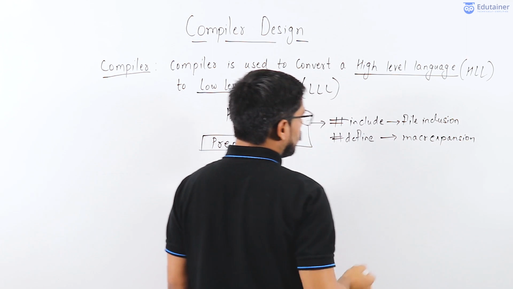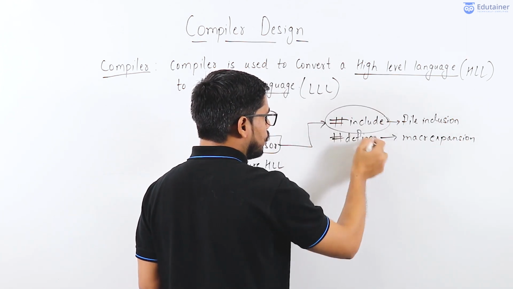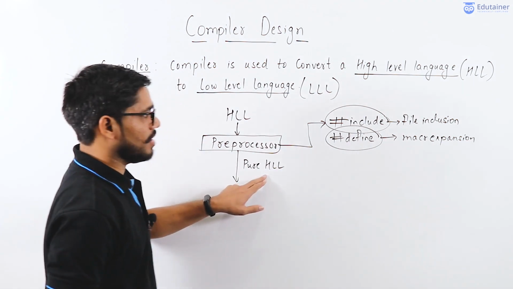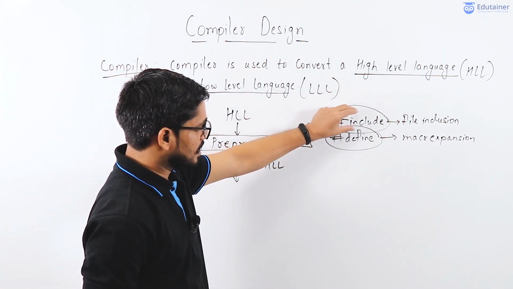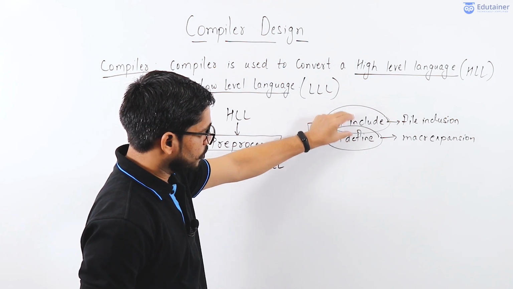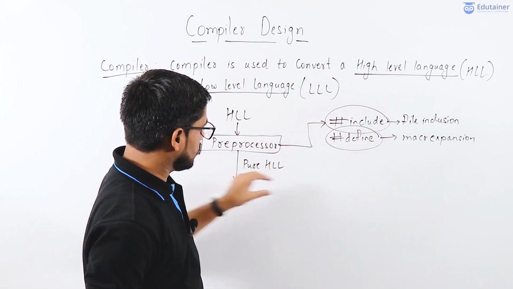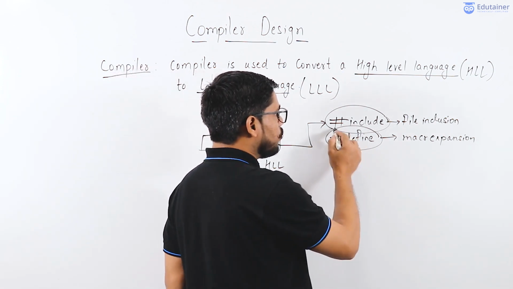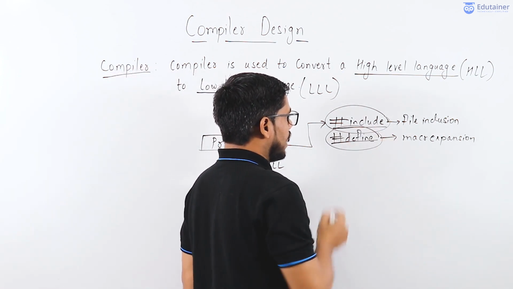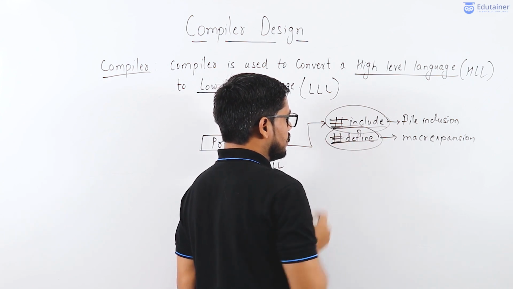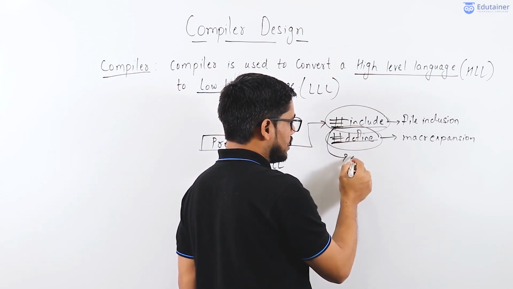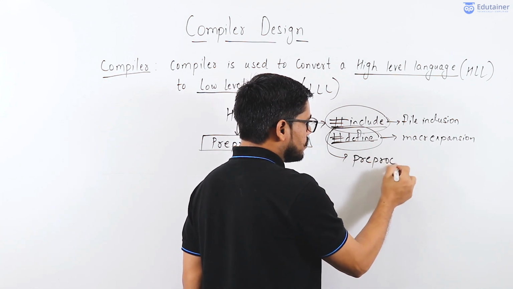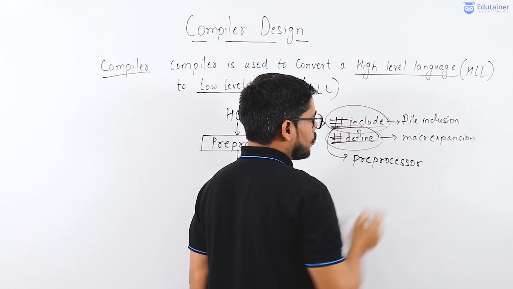So the preprocessor removes these hash include and hash define tags to produce pure high level language, meaning it extracts all the definitions or functions of the hash include tags and writes them into our program. These tags are called preprocessor directives, which tell the processor what to do.